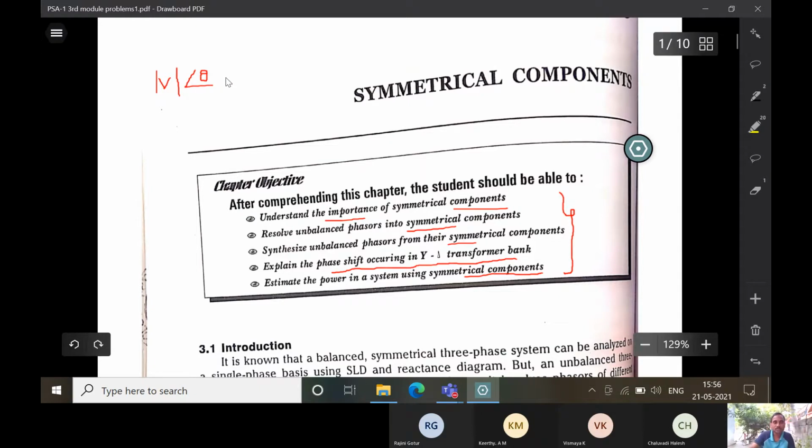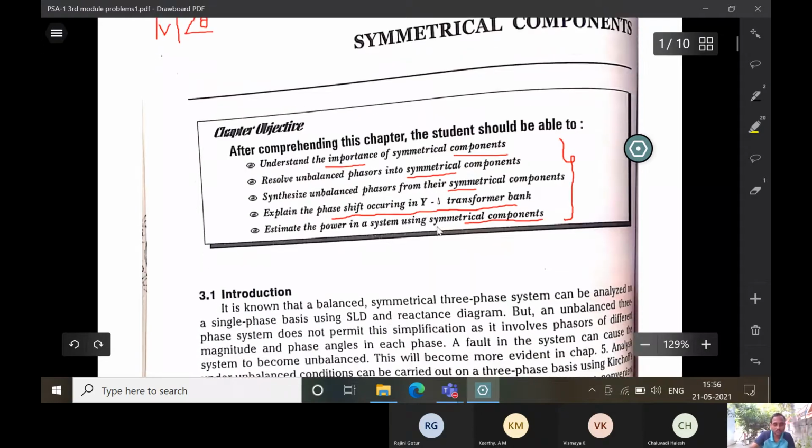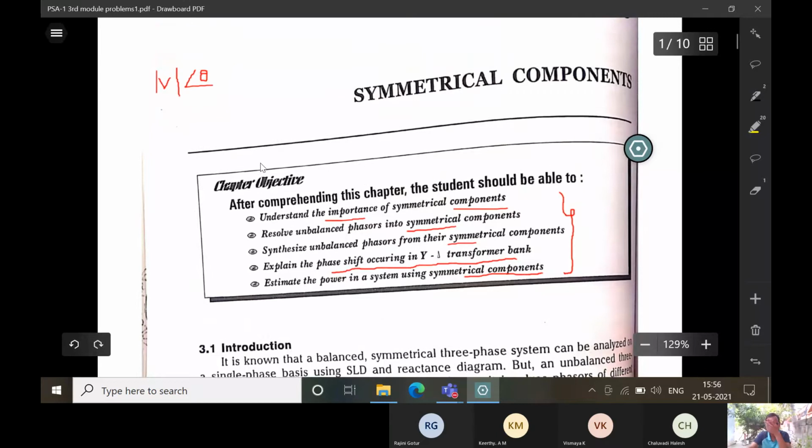For that purpose, we need to simplify the analysis of the unsymmetrical fault. So we require a symmetrical component technique.